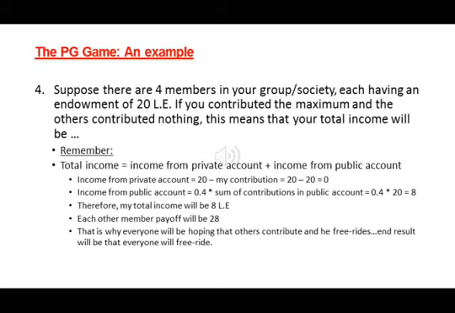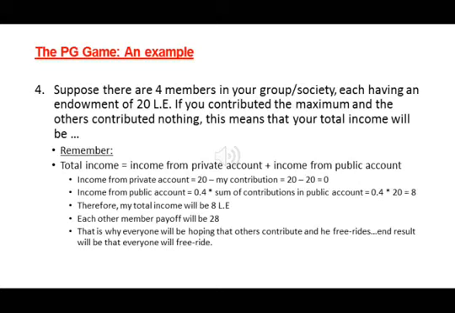But why is this happening? Because it is only you who decided to contribute to the public account. But everyone else in your society was so selfish that they decided not to contribute anything to the public account. So every other member, his payoff is 28, which is their initial endowment of 20 plus the 8 they are getting from the public account, mainly from your contribution.